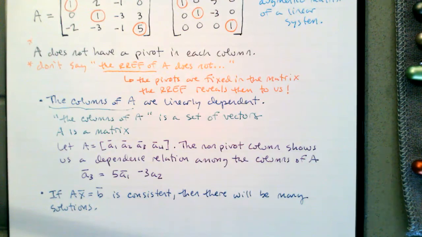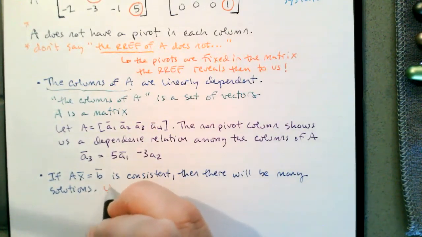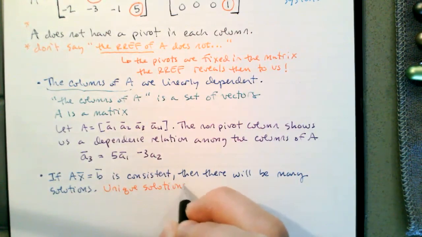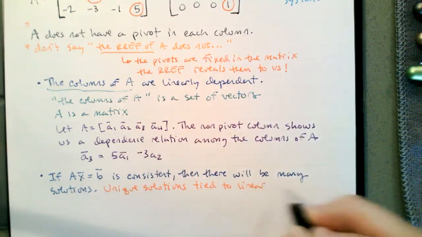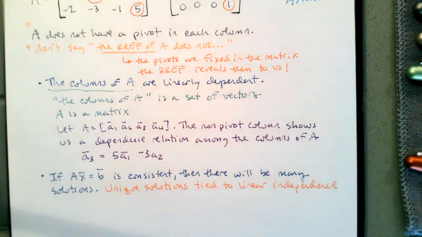The ideas that we want to connect here are linear independence and uniqueness of solutions. Linearly independent vectors, we get unique solutions. Unique solutions is tied to linear independence.